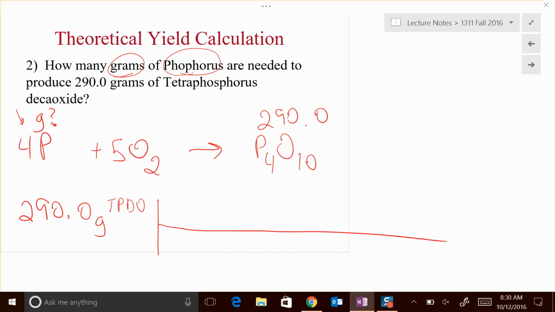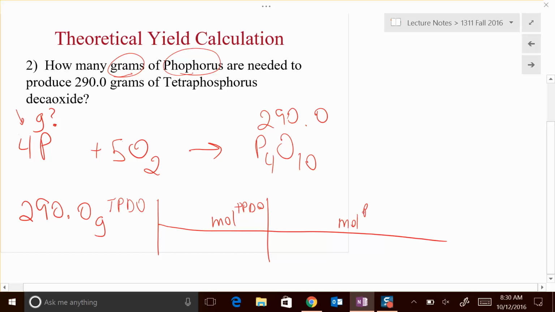So let's go ahead and look at this. So we have 290 grams of tetraphosphorus decaoxide, and I want to convert that first step to what? Moles of tetraphosphorus decaoxide. Okay? Now that it's in the moles, I can convert it to the other thing, which is simply just the moles of phosphorus.